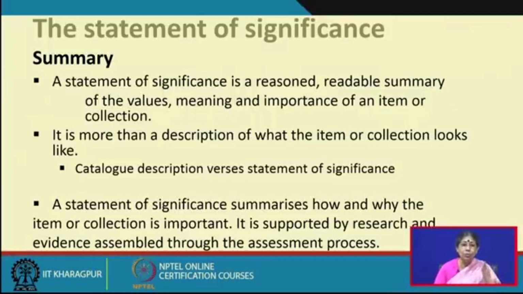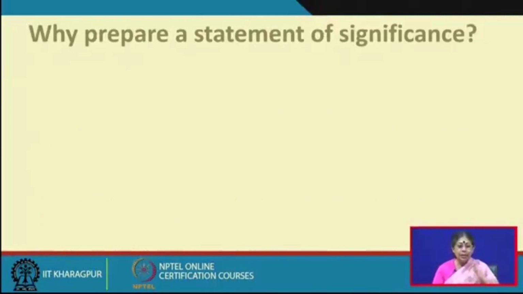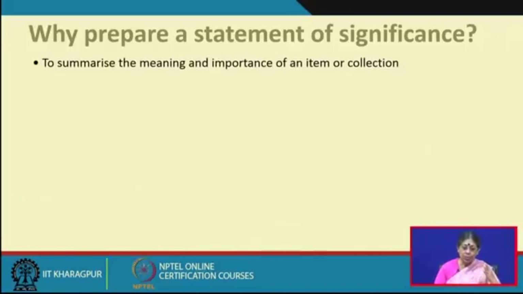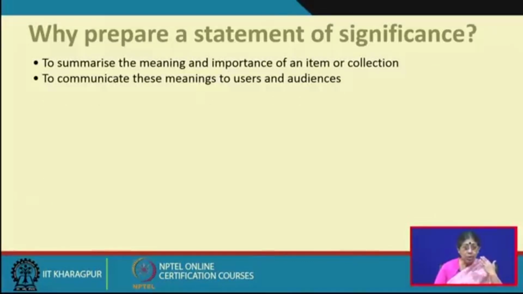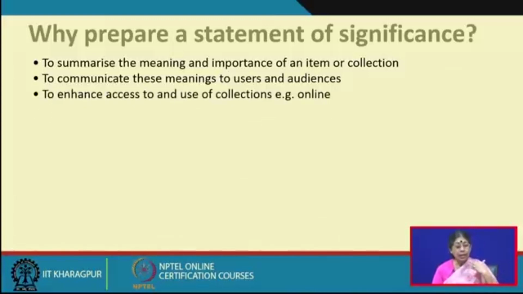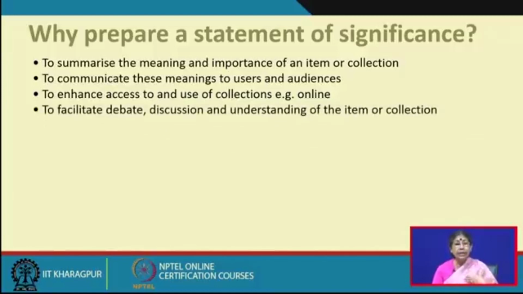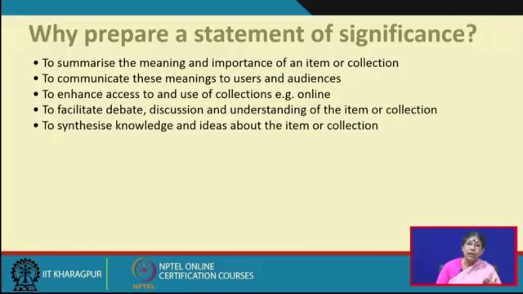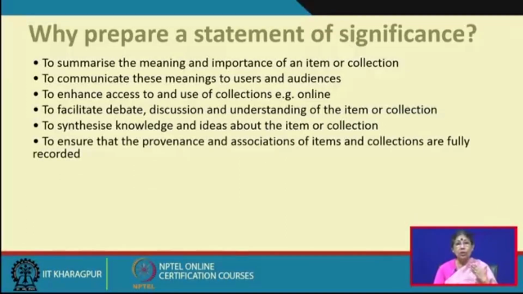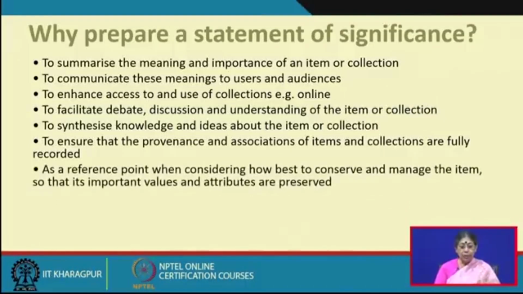So this is a summary of what the statement of significance is, and why we prepare one: to summarize the meaning, to communicate the meanings to users and audiences, to enhance access to and use of collections, for example online, to facilitate debate, discussion and understanding of the item or collection, to synthesize knowledge and ideas about it, and to ensure that the provenance and associations of items and collections are fully recorded as a reference point when considering how best to conserve and manage the item, so that its important values and attributes are preserved.